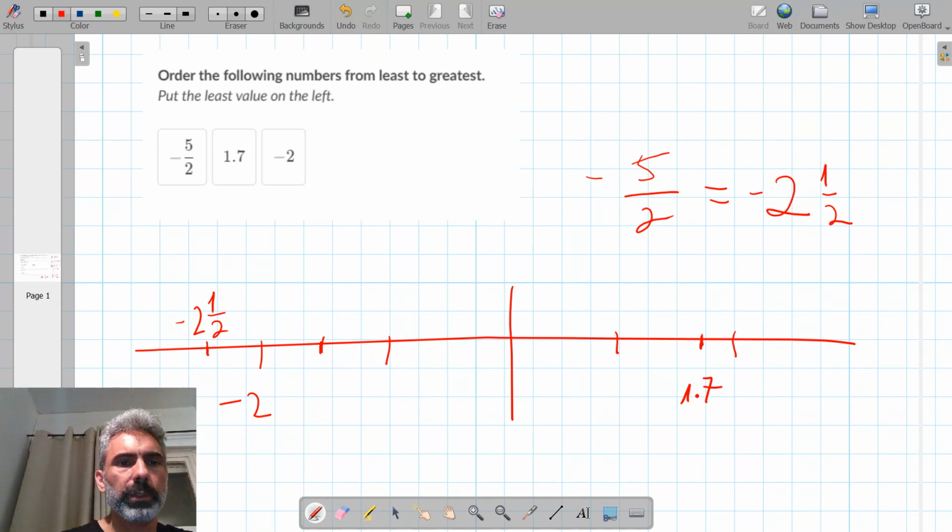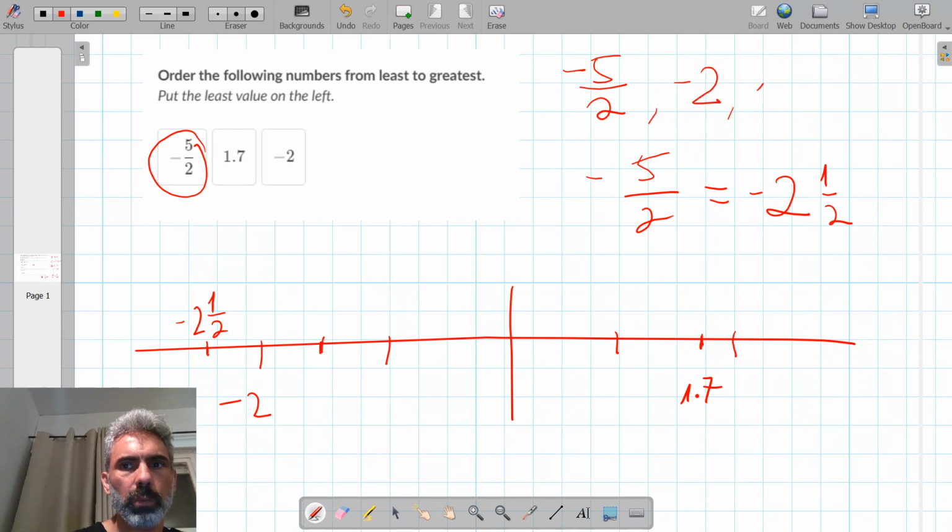Okay. So minus 2.5 is the least. So the order is minus 5 halves, then minus 2, then 1.7.